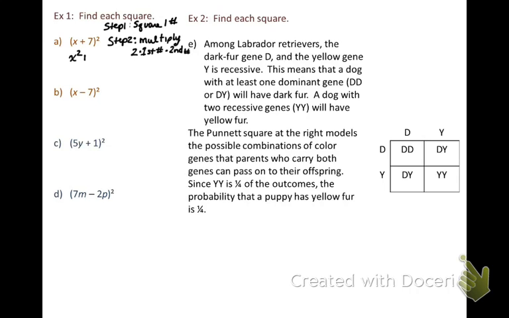So it's going to be plus, because there's a plus sign in the middle, plus 2 times x times 7. And step 3, square the second number.